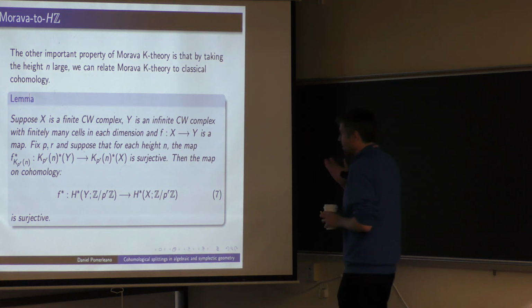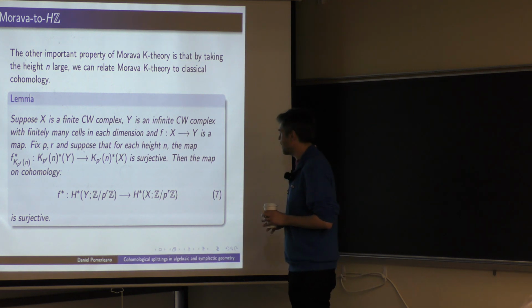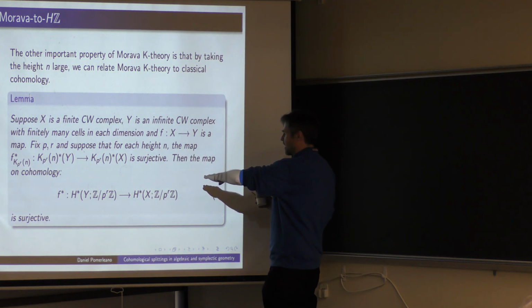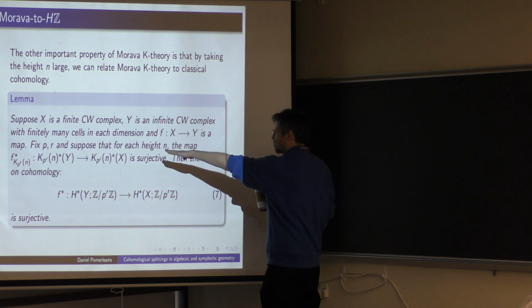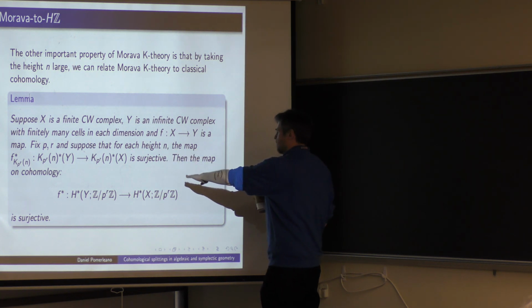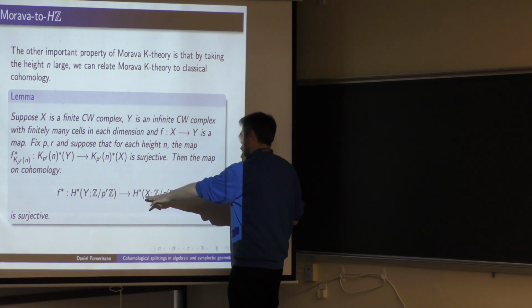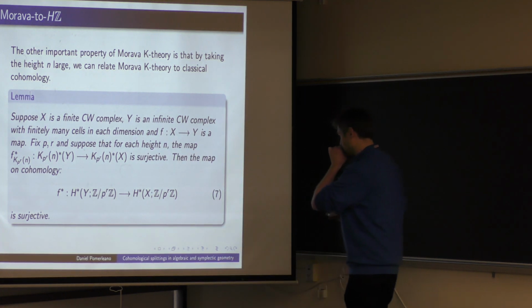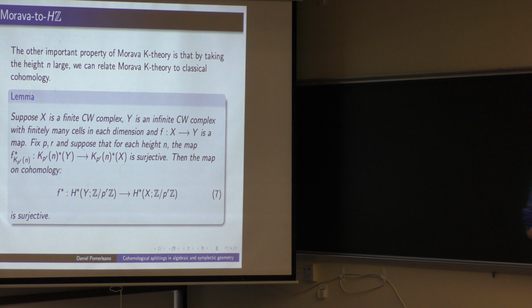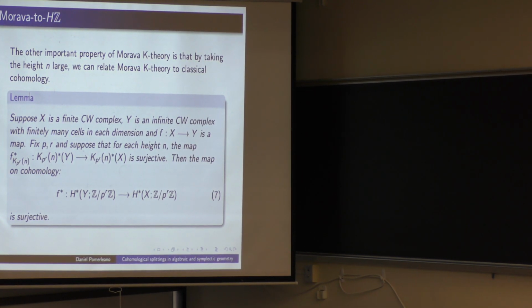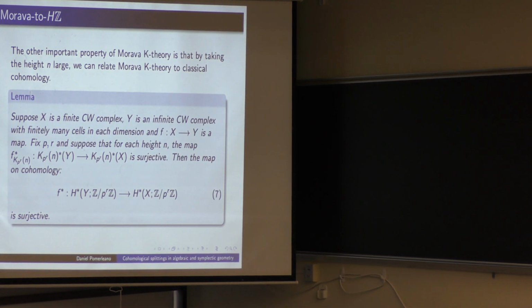And so that tells you that this cohomology map, if all of those maps are surjective, as long as this were true for any sufficiently large height, bigger than the dimension, basically, something like that, then this map is also surjective. So that's how you can use these strange cohomology theories to get information about the classical one, the Eilenberg-MacLane thing that you care about.